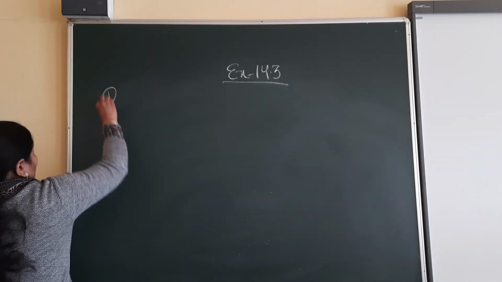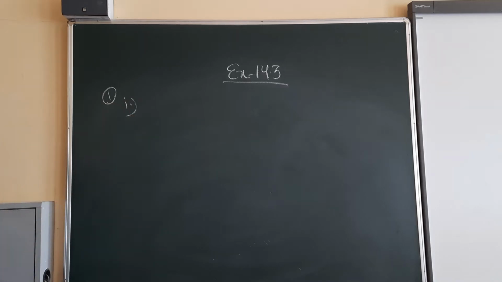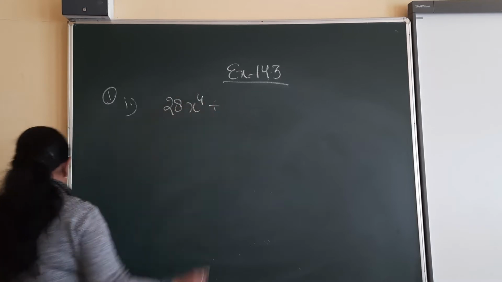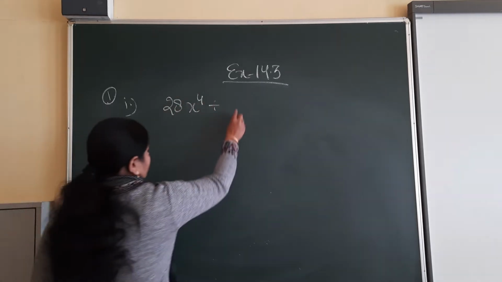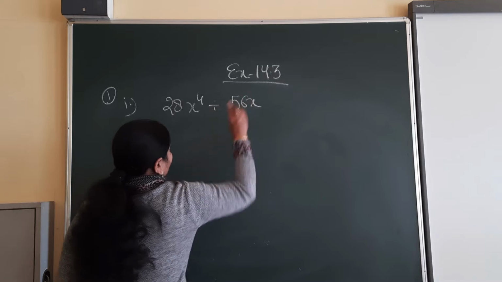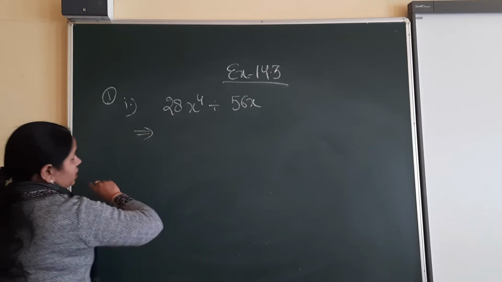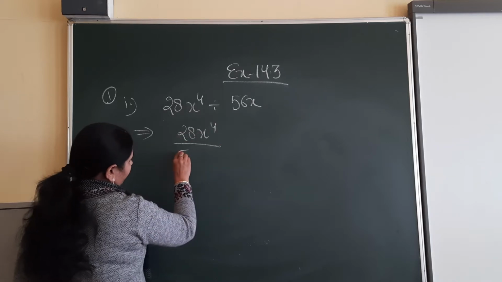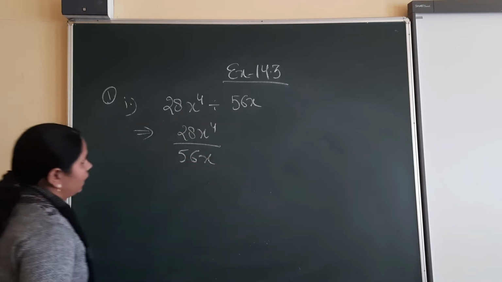So in the first question, first part, we are dividing a monomial by another monomial. So 28x to the power 4 is divided by 56x. Writing the first step accordingly, 28x to the power 4 is divided by 56x.